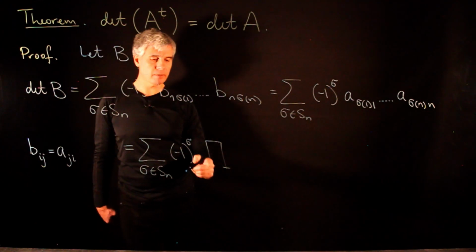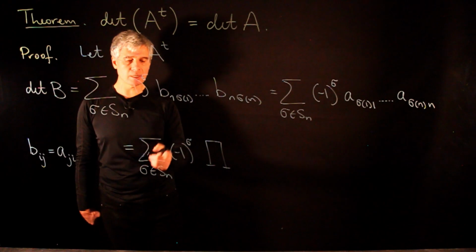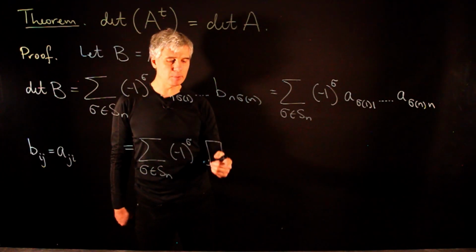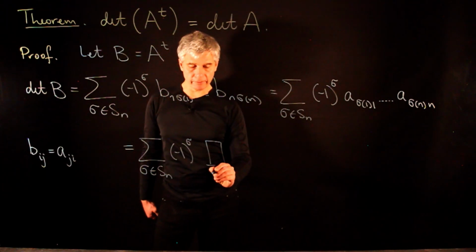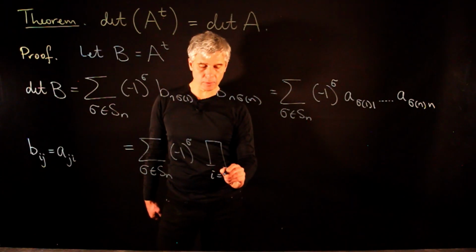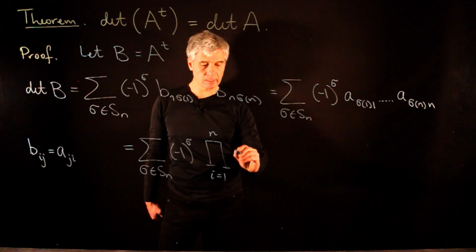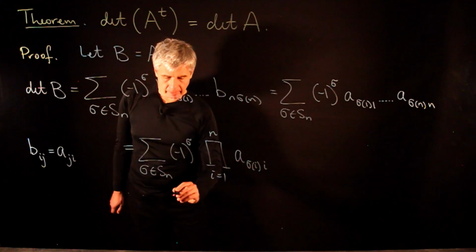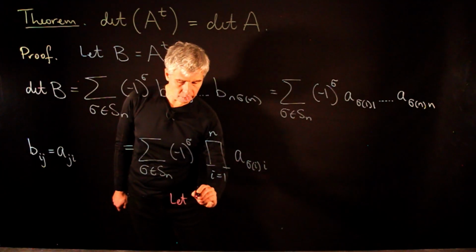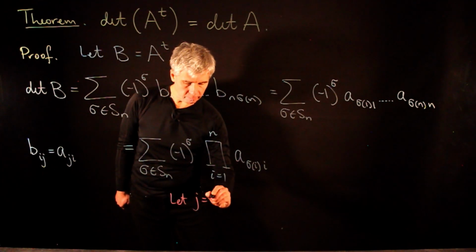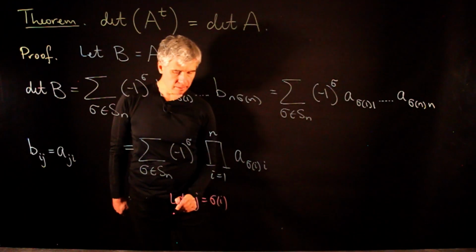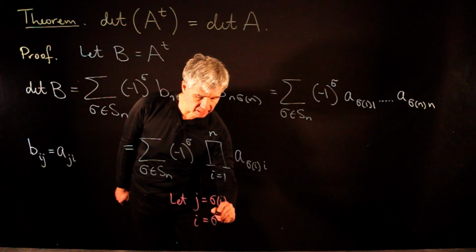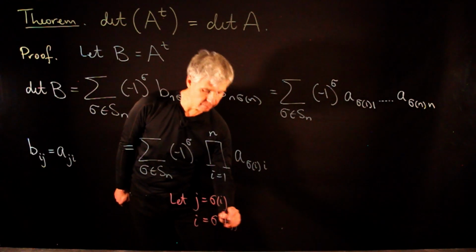This is the same notation as the sum notation, only for the product. This is the Greek capital letter pi. So we have the product over i from 1 to n of a sigma of i, i. Now, if we denote sigma of i by j, then i is equal to sigma inverse of j.